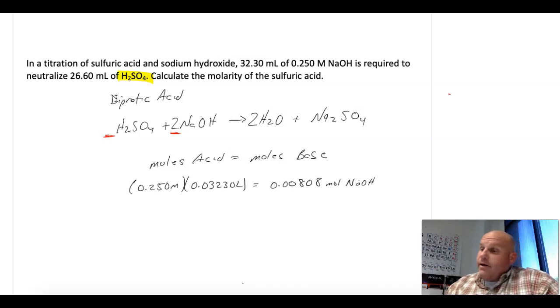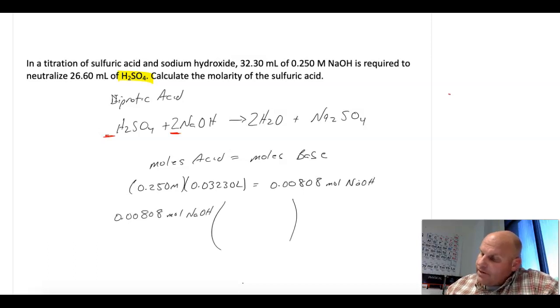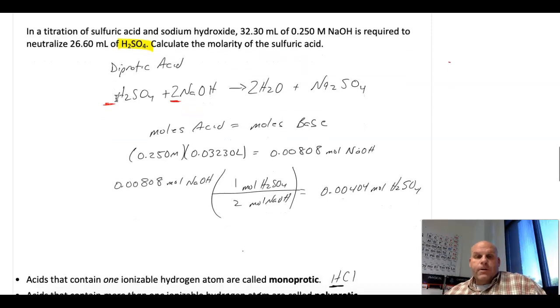And then from there, knowing our stoichiometric relationship, I wouldn't have 0.00808 moles of acid. As I look at the balanced equation, my relationship here is a 1 to 2 relationship. So I would actually have 0.00404 moles of acid at that endpoint that we saw with the color change.